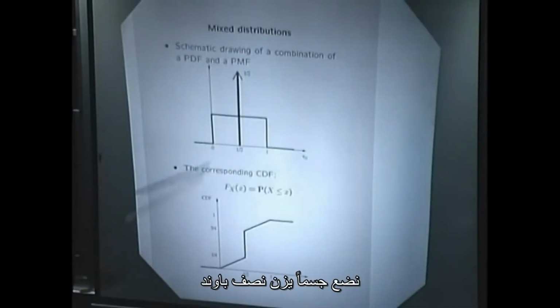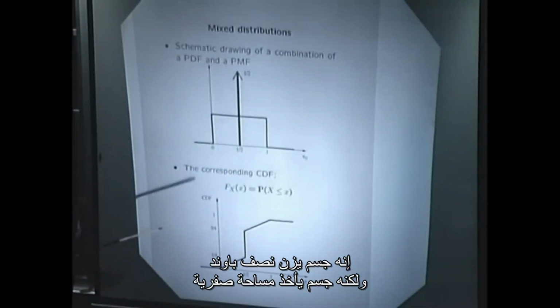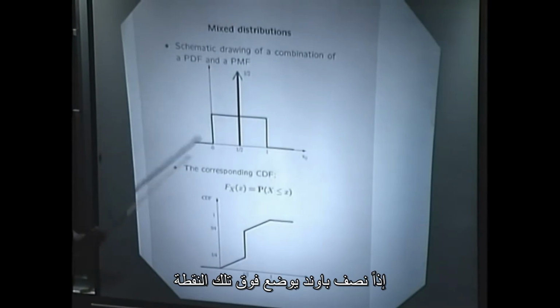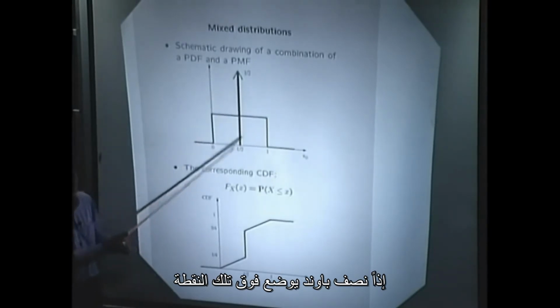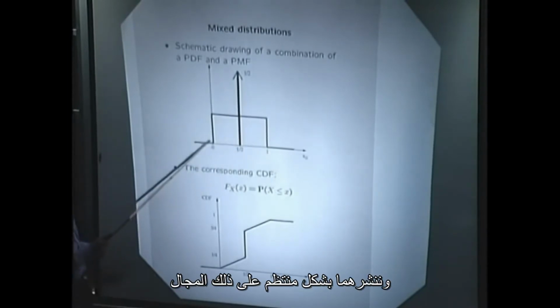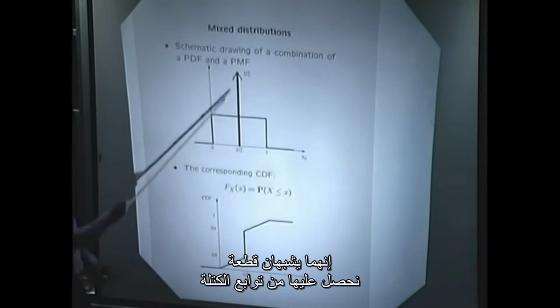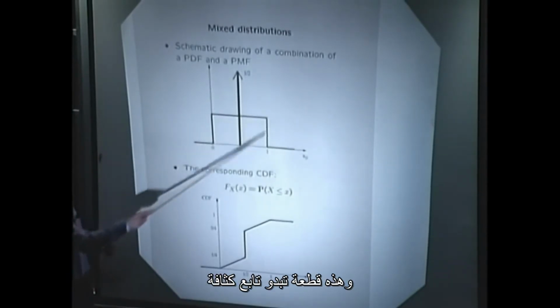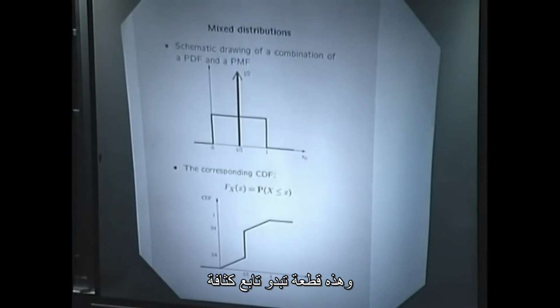We place half a pound, an object that weighs half a pound, but it's an object that takes 0 space, so half a pound just sitting on top of that point. And we take another half pound of probability and spread it uniformly over that interval. So this is like a piece that comes from mass functions, and that's a piece that looks more like a density function.